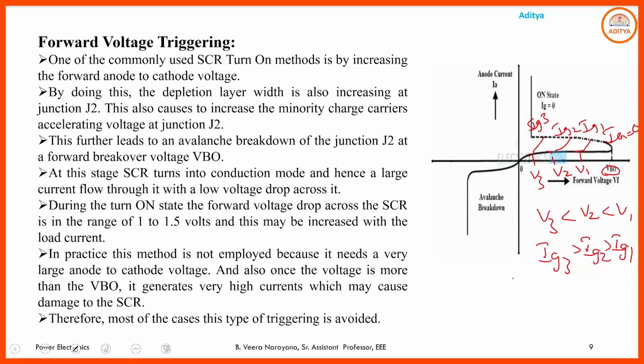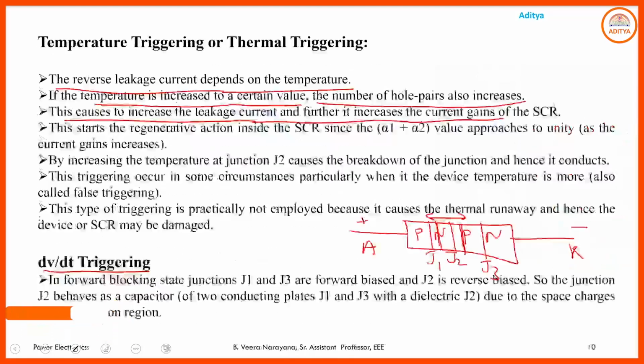As you increase the magnitude of the gate current, the required voltage across the SCR to bring it from the forward blocking state to the forward conducting state gradually decreases. If the gate current is 0, you need to provide a large amount of voltage. If you have some magnitude of gate current, then the required voltage across the SCR to change from off state to on state decreases. That is the representation of the gate triggering method.